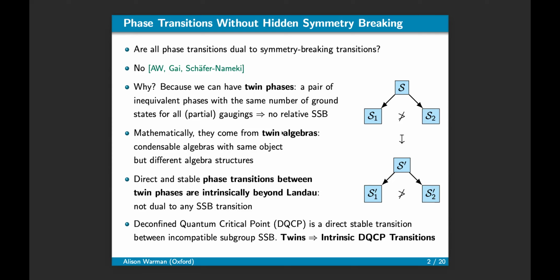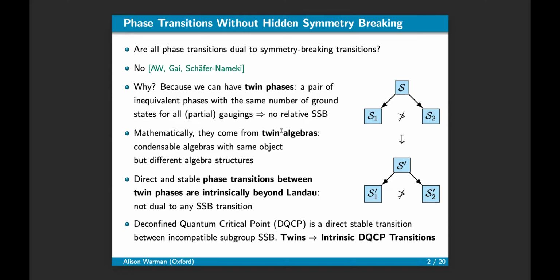So as I said, here we're using DQCP, the terminology of deconfined quantum critical points that indeed came about in 2 plus 1D, for the analogues of this in 1 plus 1D to mean simply a transition between phases that preserve inequivalent subgroups. Okay.